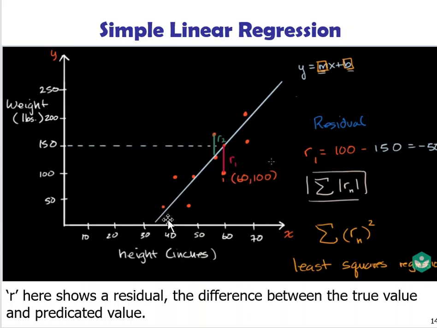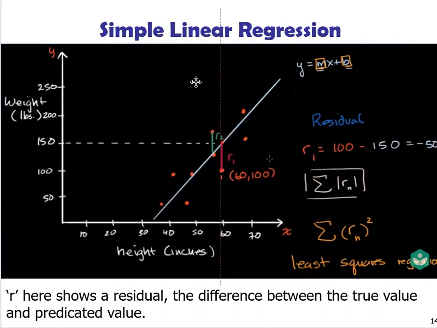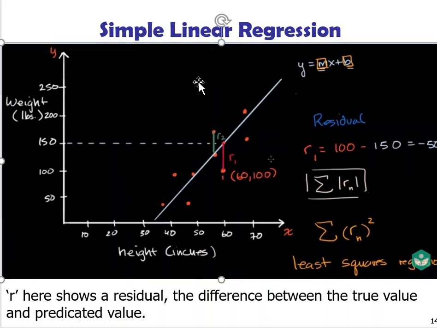Fitting such a line, as you can tell, there are multiple lines we can fit. We can fit this line or this line or even this line. We need a way to assess how well the line fits the data.